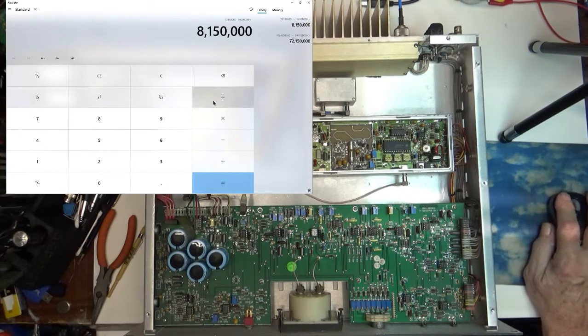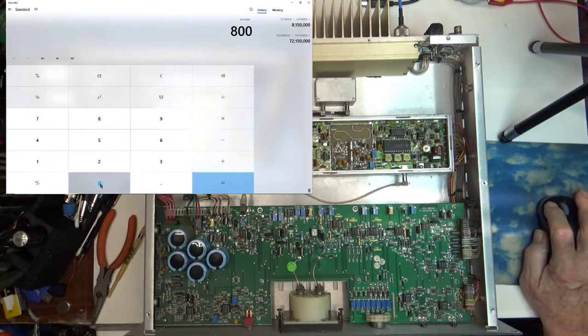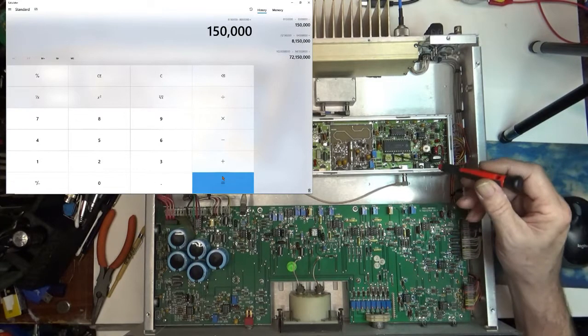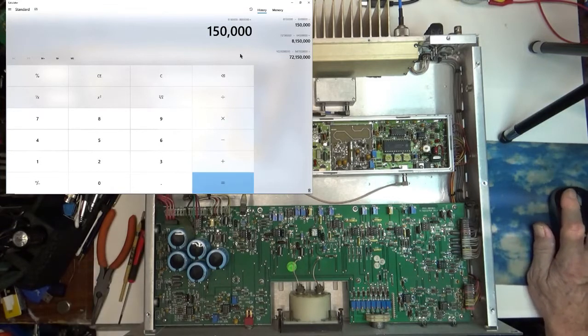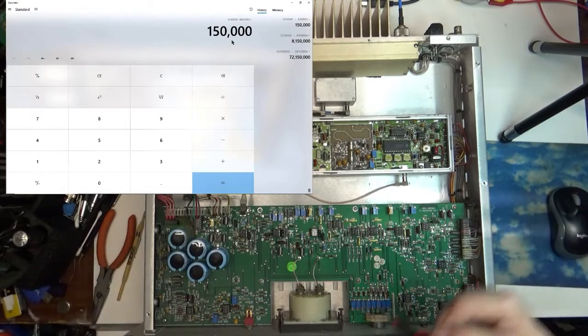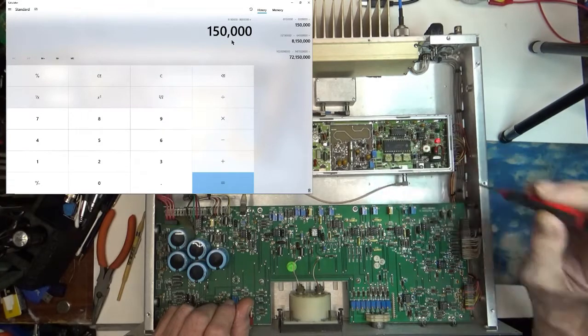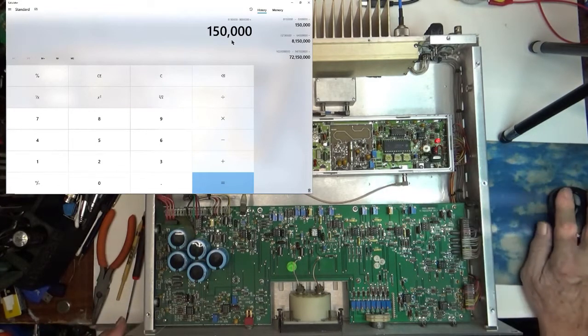Minus our 2 times 4, which is 8, that gives us 150,000 left over. You can't divide 250,000 into that at all, so this switch is on 0 right there. We'll explain the little red light in a minute.